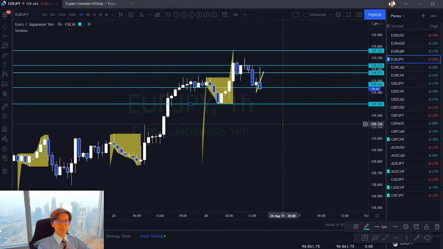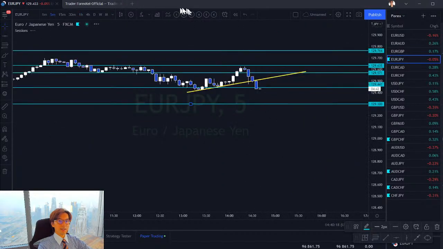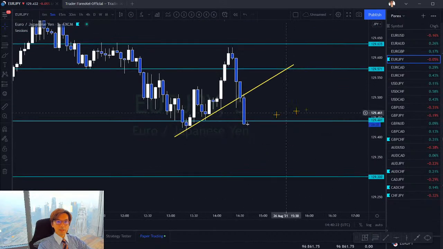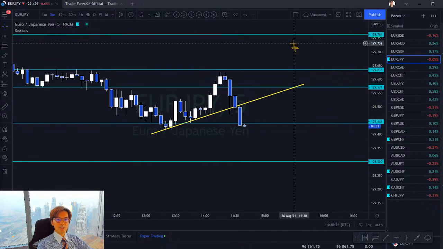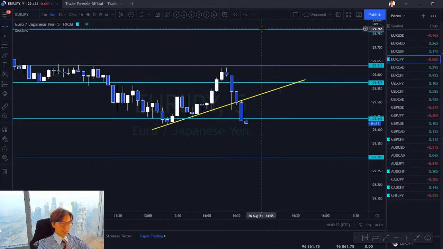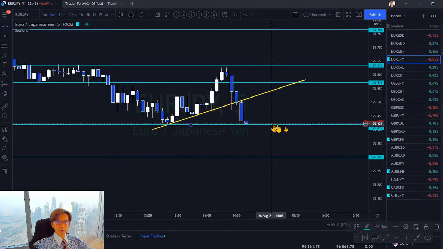Looks like the market's going down now, so let me go down to the 5-minute chart again. Yeah, so looks like the market is retracing backwards. So it was good that we didn't buy here. And looks like the market breaks the support level at 129.44, and it's going down, and it's about to break even the previous low here, at 129.41.